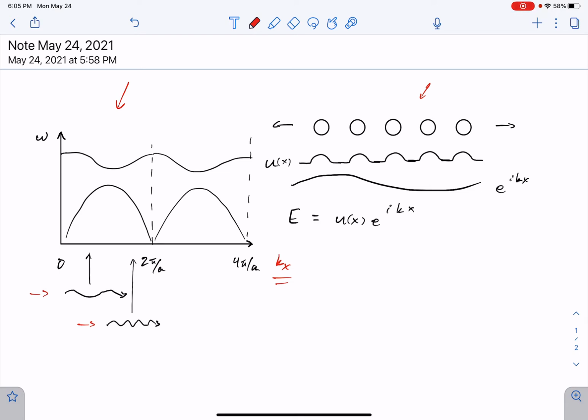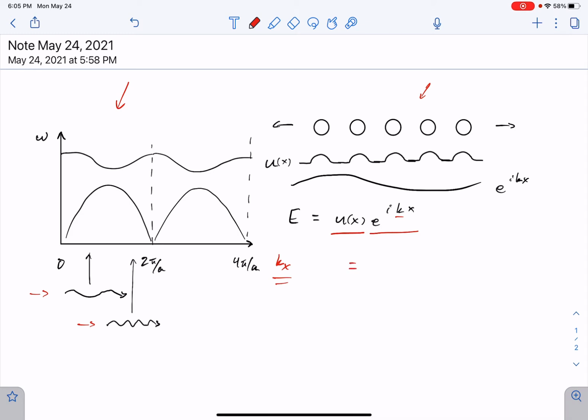So let's say that you start out, so you know what your u of x is. Say COMSOL told you what it is, and you know what you've solved for that particular k. Actually, in COMSOL, you would just put this in as a boundary condition. It's the Floquet k boundary condition.